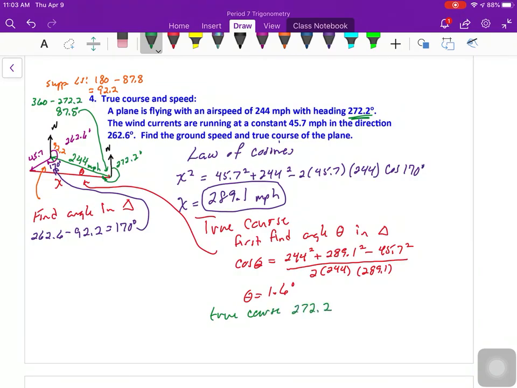And we've actually been pushed a little less than our 272 that we wanted to. So our true course, we're going to have to take 272.2 and subtract 1.6. So our true course is 270.6.